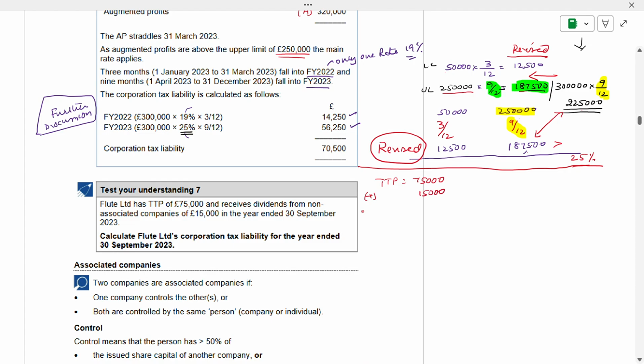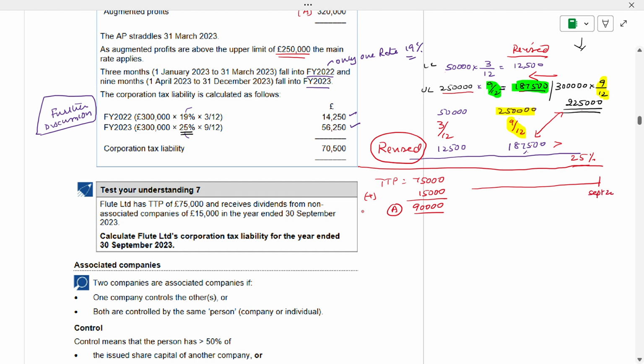Now you see how much is the TTP? TTP is 75,000. Now your answer will be solved. How much are the dividends non-associated? It will be 15,000. So it is 90,000.